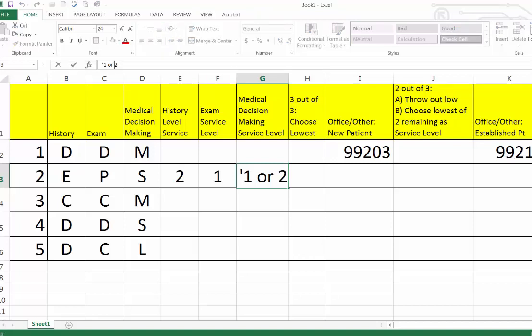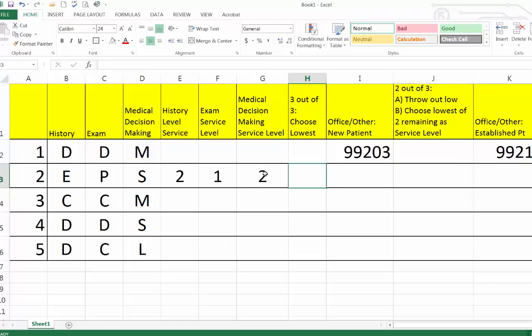So if we have straightforward decision making, a level 1, and straightforward decision making, a level 2, I'm going to say that that S is a service level 2. And I'm entirely within my rights to do that, and I want to do that, because you can imagine a service level 2 pays more than a service level 1. So if there is duplication among the language in your CPT for the key component, choose the higher of the two. Do not confuse this with the 2 out of 3, 3 out of 3. This is something totally different.